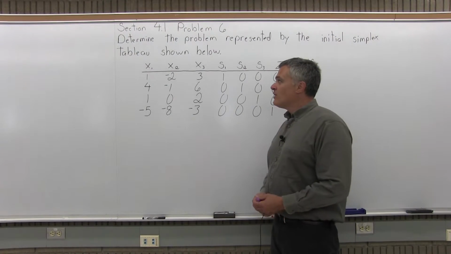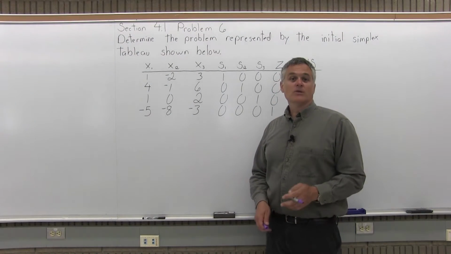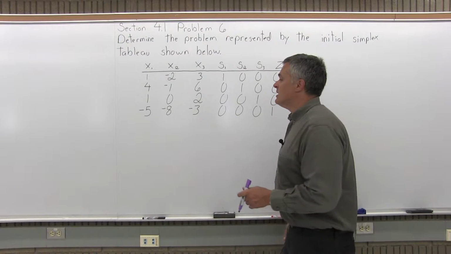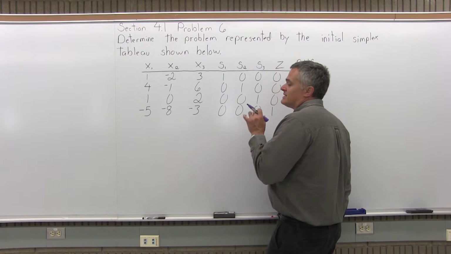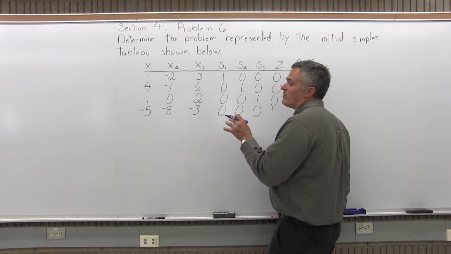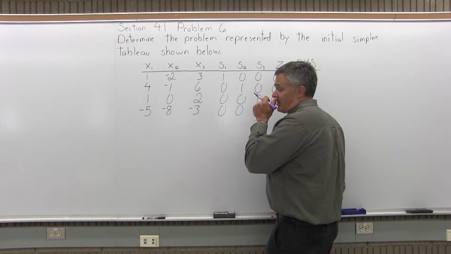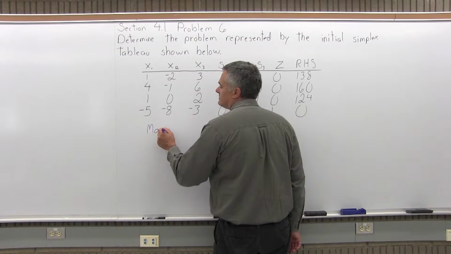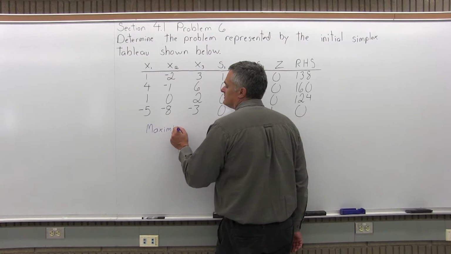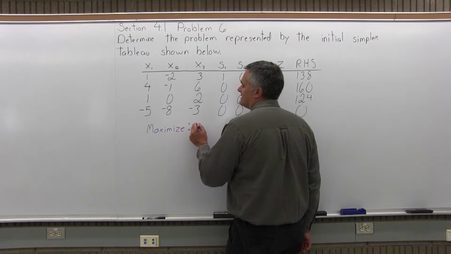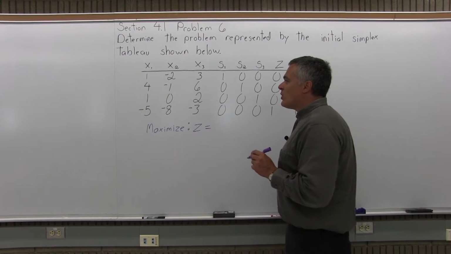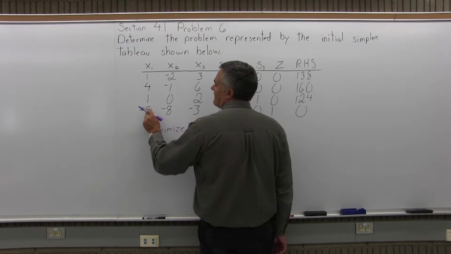So the problem represented by a simplex tableau would say maximize some equation subject to some constraints. What gets maximized is the objective function, which comes from the bottom row of our initial simplex tableau. So we're going to have maximize z equals, and now in the x1 column of my simplex tableau, I have a -5.